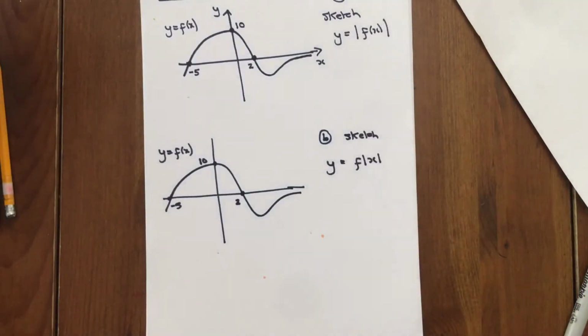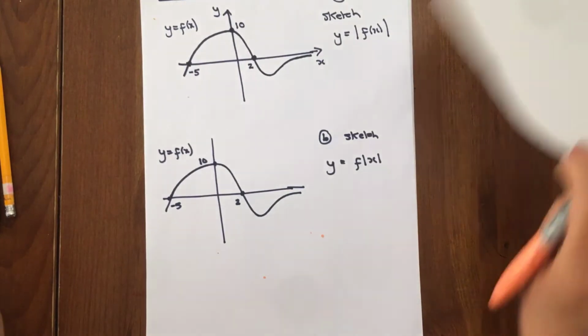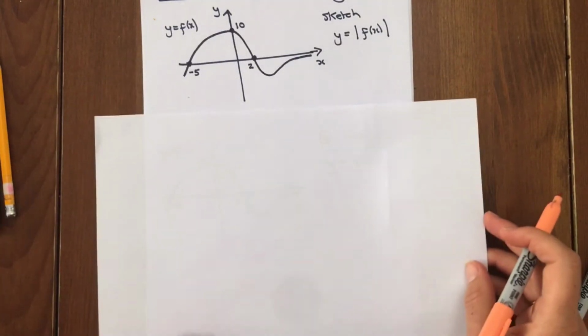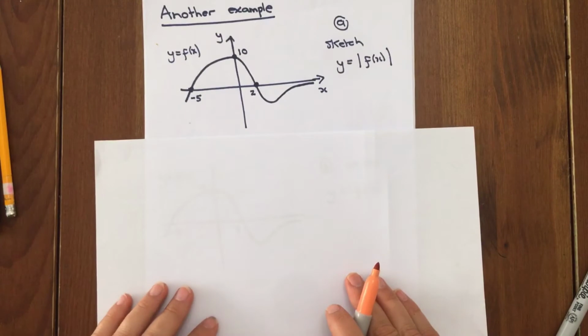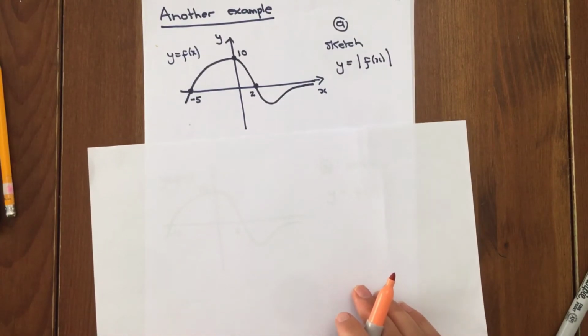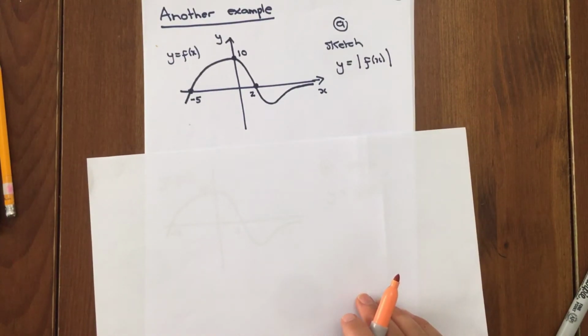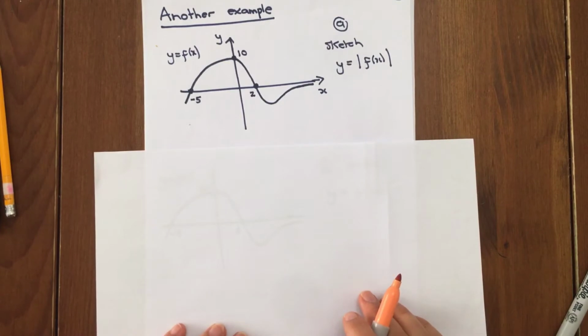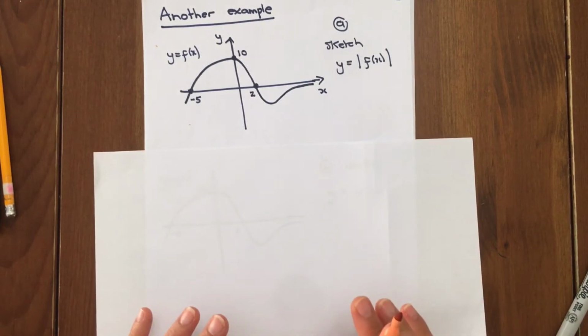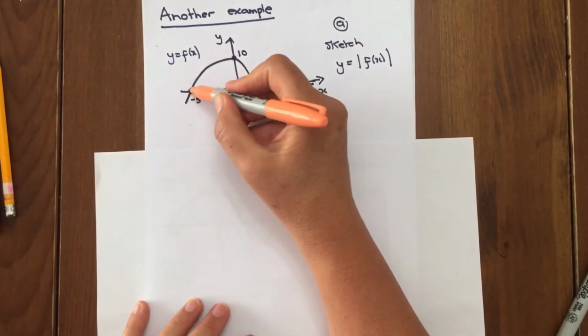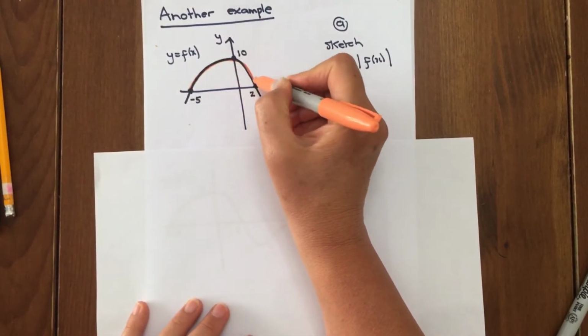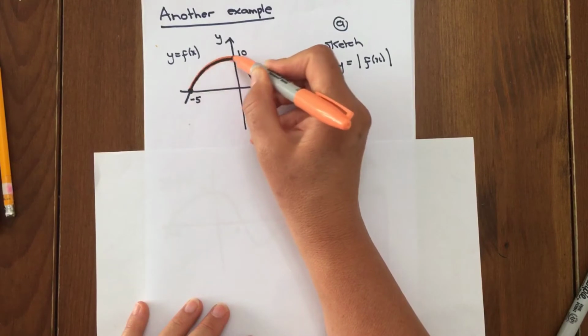Okay, let's look at another example. This one here. Okay, so you're asked to sketch y equals the modulus of the whole function x, first of all. So everything above the x-axis will stay the same.